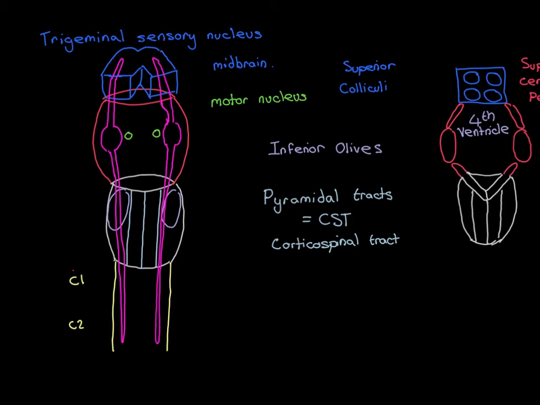So motor nucleus, and I'll just put V. Remember, that is where the cell bodies of the motor neurons that will send their axons into the trigeminal nerve are present. Okay, and you've got one on both sides, and they're just medial to that plump bit of the trigeminal sensory nucleus, or the sensory nucleus of the trigeminal nerve, if you prefer the fancier term.